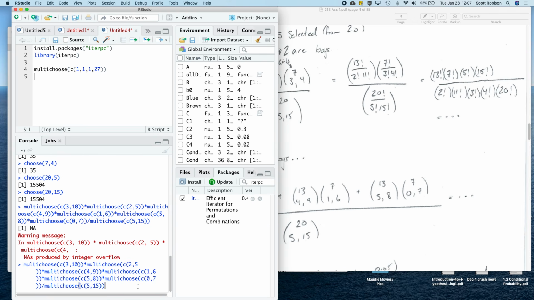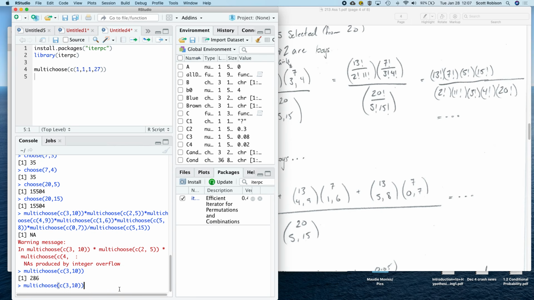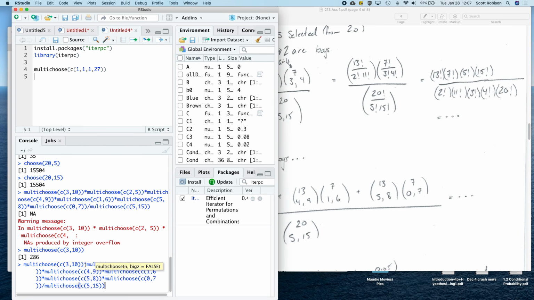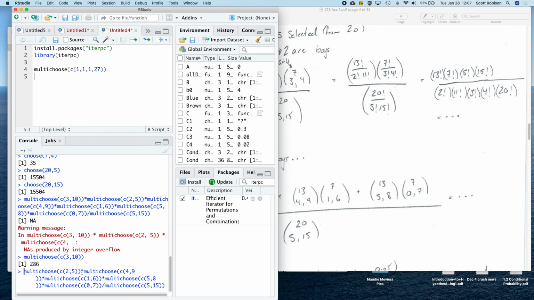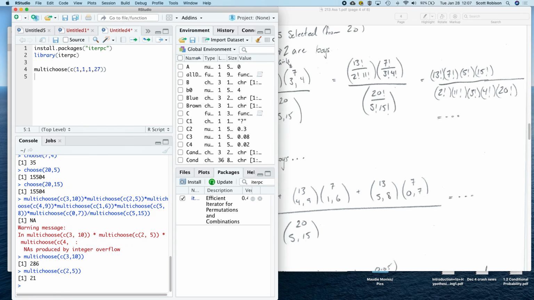If I just press up on R, I can get everything that I had previously, and perhaps it would be nice to be able to do all of this at once, but I guess that's just too much for it. So you can instead write these things down one at a time and get your answer that way. Sorry that that didn't work out for us.